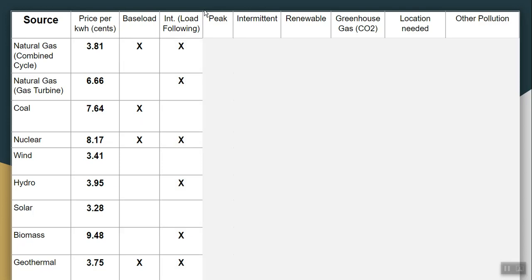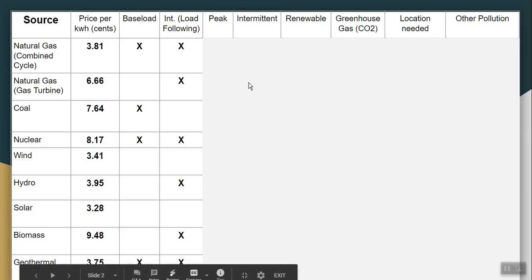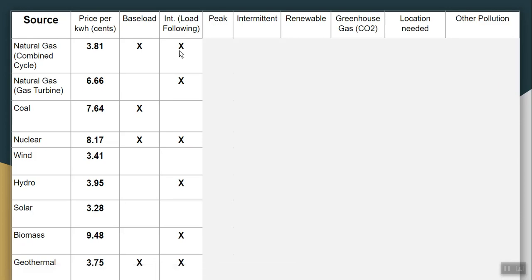For intermediate or load following power, that could be natural gas combined cycle, natural gas, just a gas turbine, nuclear, hydroelectric, biomass, geothermal. Okay, so again, we use a lot of natural gas. And for peak, we have natural gas, just a gas turbine. Because remember, if you only have the gas turbine, you don't have to worry about the steam turbine.